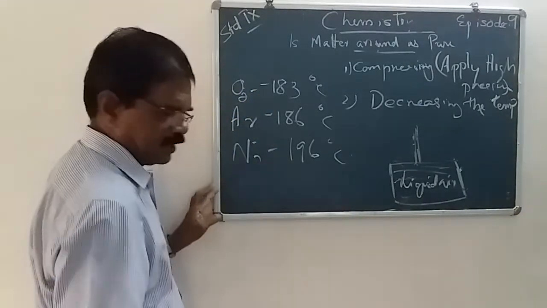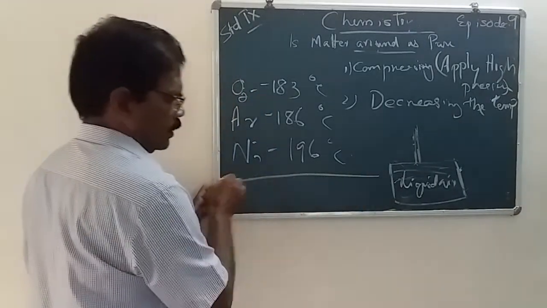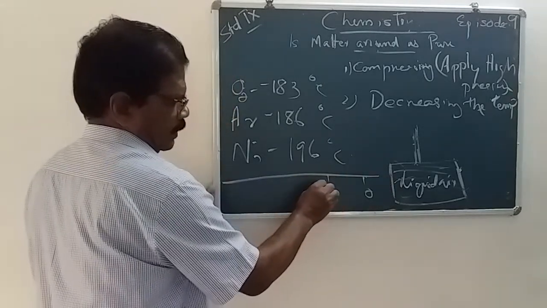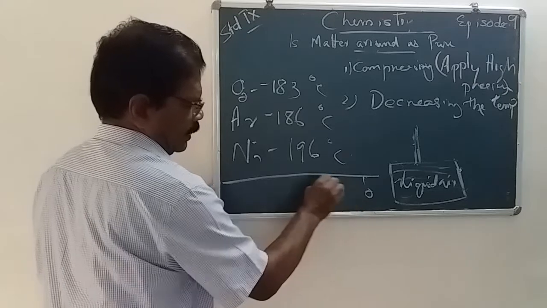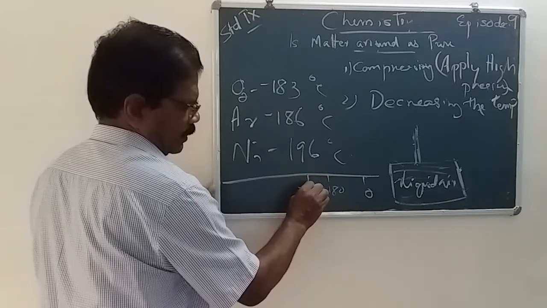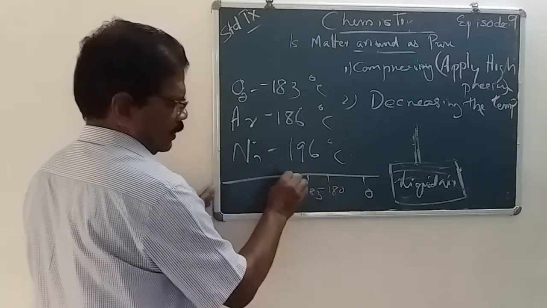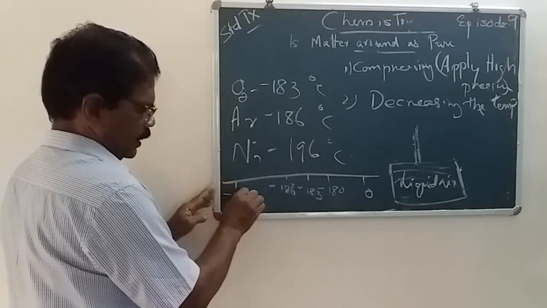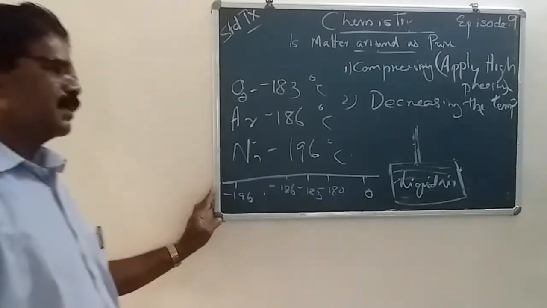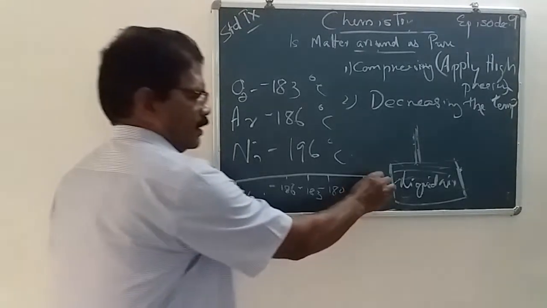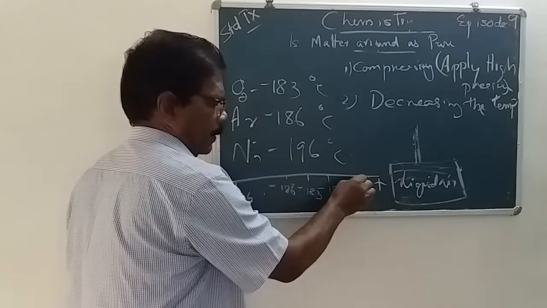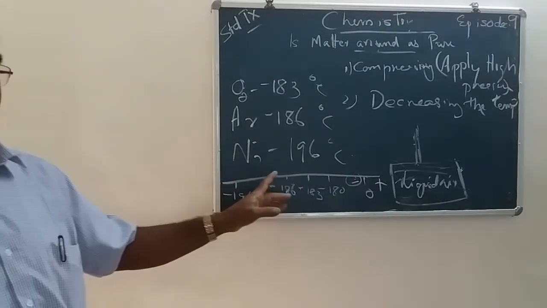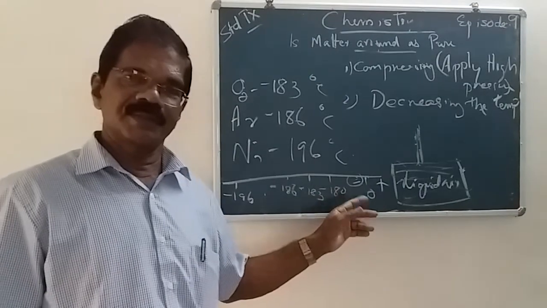Then -180, -183, -186, -196. Which has the highest boiling point or melting point?